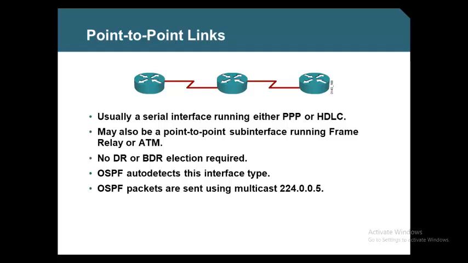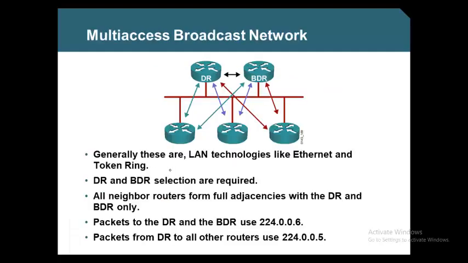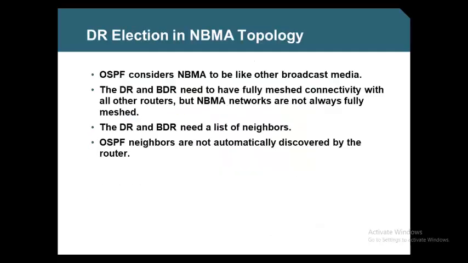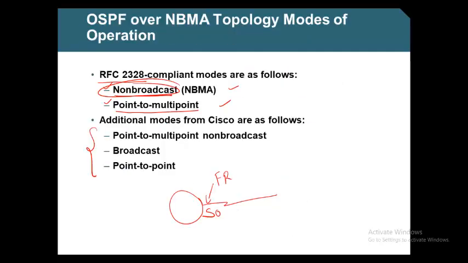The network type is auto-detected depending on what encapsulation is enabled on what link. When I configure frame relay, I'm not going and saying OSPF network type non-broadcast. That's why we call it the default. When you have frame relay, this is the default.